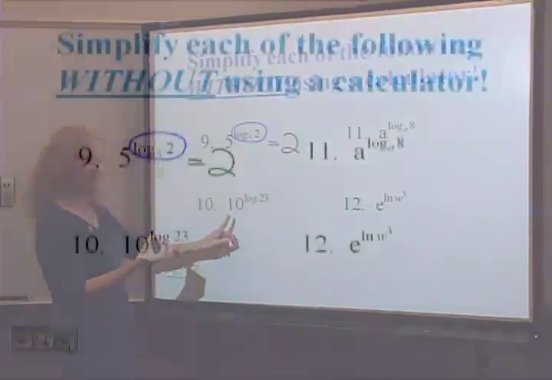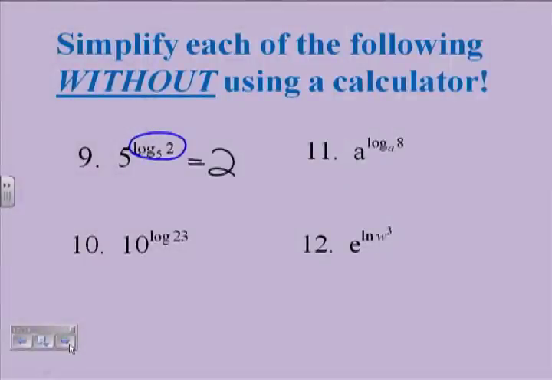Okay. 10 raised to the log of 23. Now you know this is base 10. So this is saying the exponent to which I would raise 10 to get an answer of 23. Don't know what that is, but if I raise 10 to that value, I'm going to get 23. You might start to see the little game going on here.